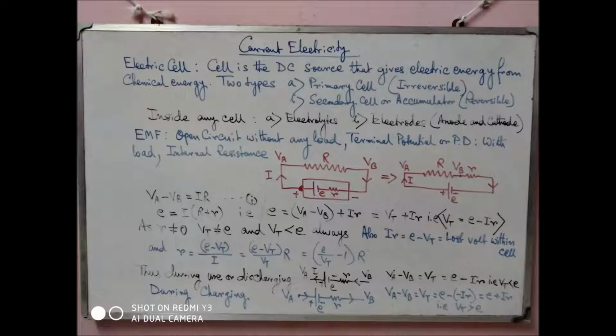Now, the question is, how many types of cells are present? Look at the board. It is written there are two types of cells. One is primary, that is irreversible, and another is secondary or accumulator, another name, it is reversible. Now, what is the meaning of this? The meaning of these two terms is reversible and irreversible.